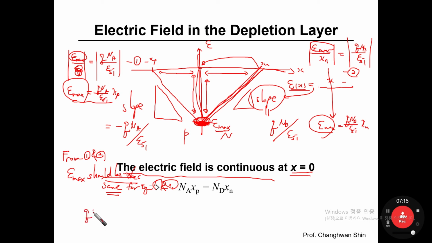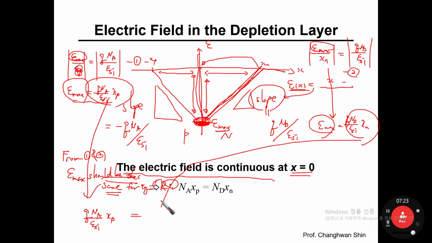So Q NA XP over epsilon silicon is equal to what? This, okay? Q ND Xn over epsilon silicon. So from this equation, Q is cancelled out, epsilon cancelled out. So Na Xp is equal to Nd Xn.